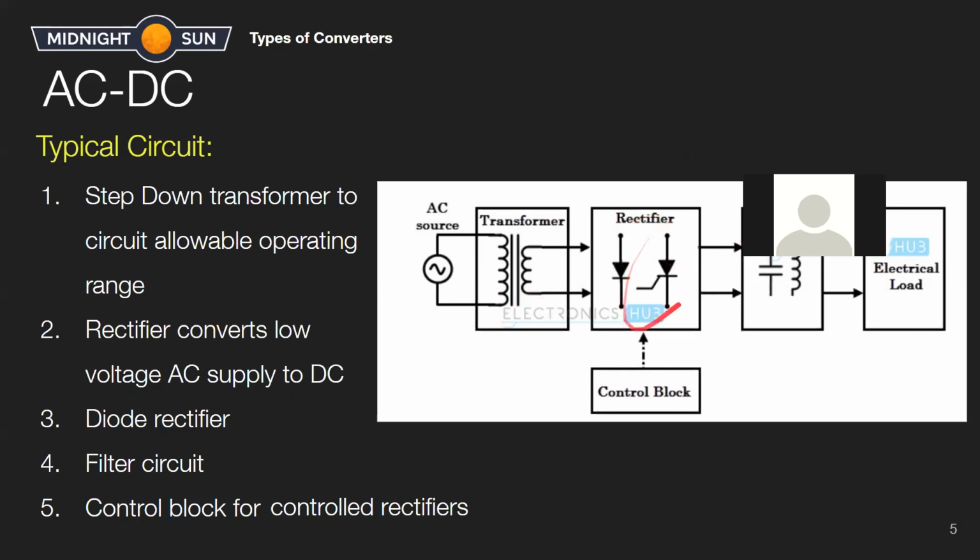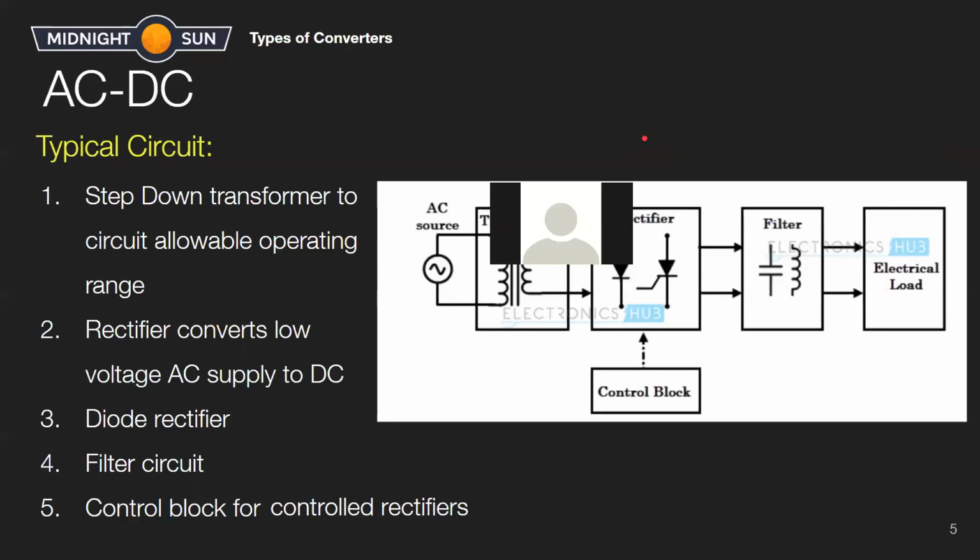So we get to the rectifier circuit that takes out the negative oscillation of our power source, and then to make it smoother, we have our filter circuits.